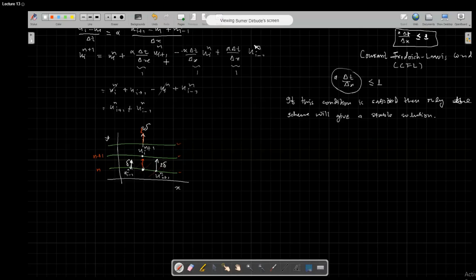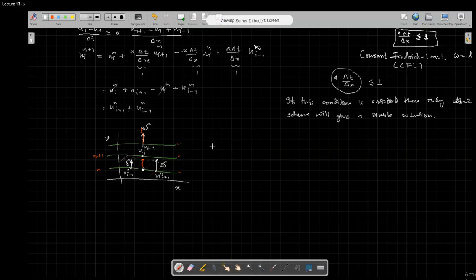Here there is a coefficient which reduces from the uin value, and its magnitude will add up and increase the value unnecessarily. So this is quite good, because all values ui depend on known values below n plus 1.